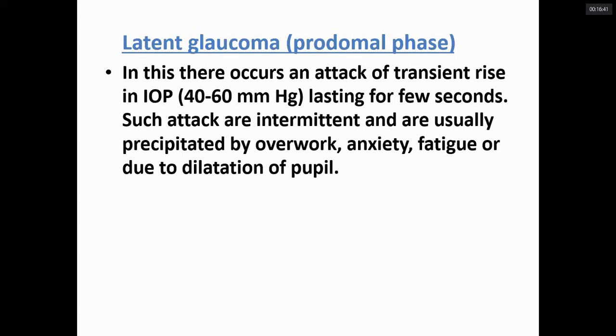They have the rise in the IOP for only a few seconds. The patient will have discomfort, pain, and may have transient loss of vision also at this time, but they may think that it is due to overwork, anxiety, fatigue, or sometimes in the evening time or gloomy days it is dilatation of the pupil, and it will subside by itself.